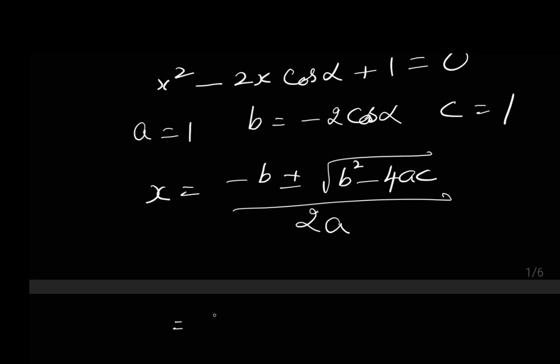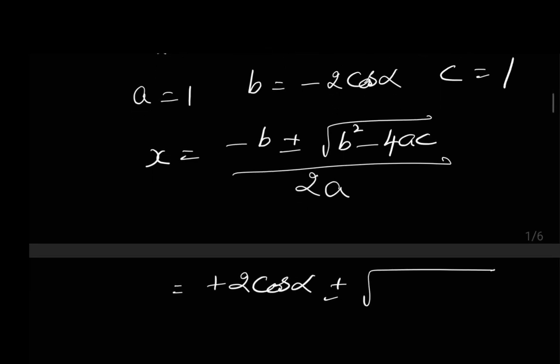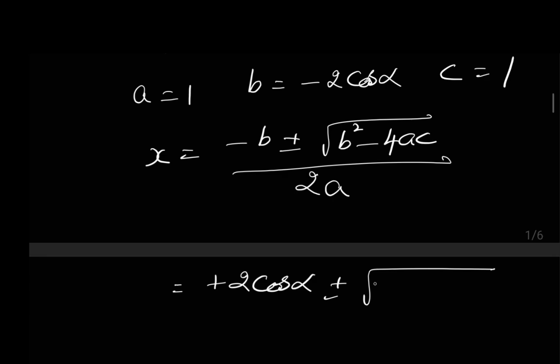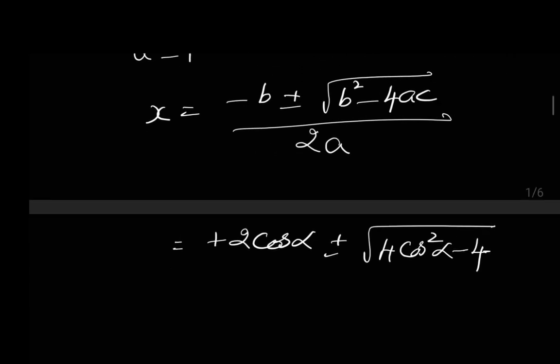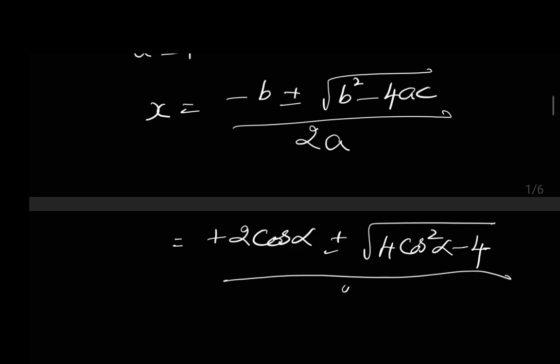Minus 2 cos alpha. Already one minus here, so plus 2 cos alpha plus or minus root of b squared. So this whole squared, 4 cos squared alpha, and minus 4ac, a also 1, c also 1, so you will get minus 4, divided by 2a.